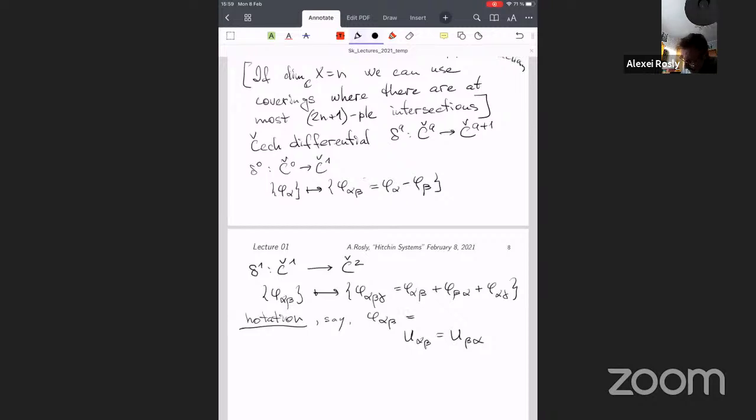But the chains I will label antisymmetrically, so it will be like this, antisymmetric in general. This is just for convenience.